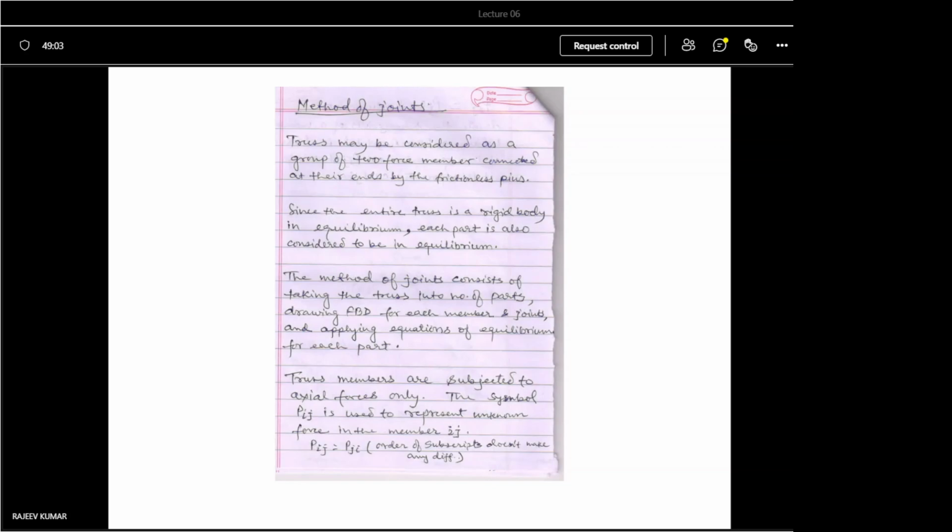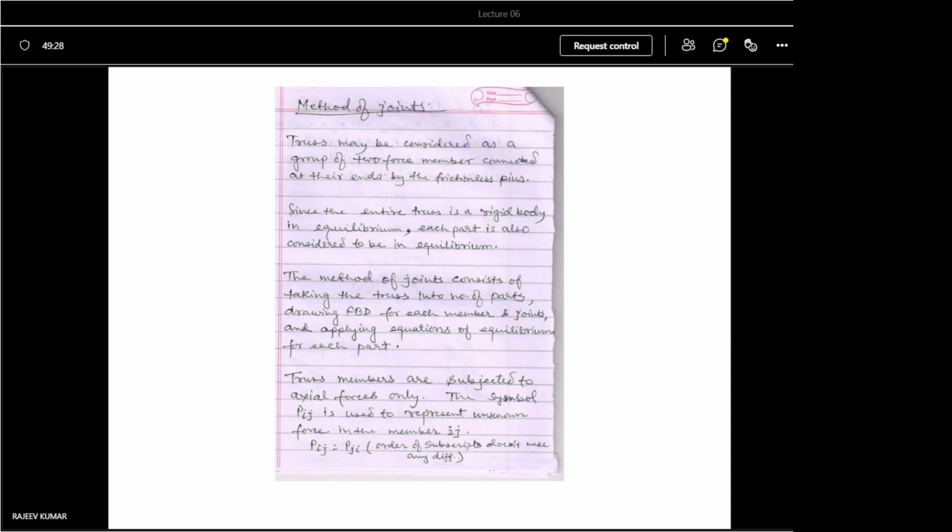So first we will take the method of joints, then we will go for the method of sections. A truss may be considered as a group of two force members connected at their ends by frictionless pins. Since the entire truss is a rigid body in equilibrium, because the bridge is not collapsing, however many tons of weight you take over it, the systems are in equilibrium.